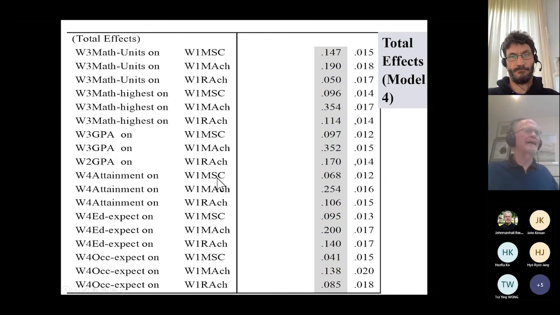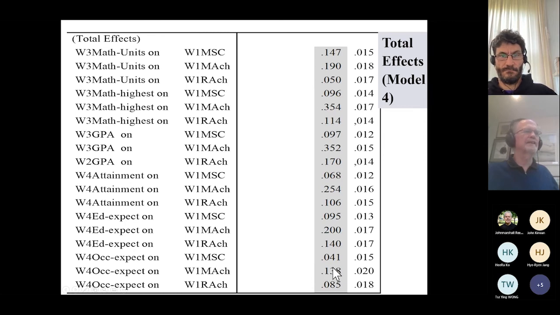If we look at attainment, self-concept is significant, but it's not nearly as important as math and reading achievement. For educational expectations, math self-concept is relatively more important, but still math and verbal achievement are more important.